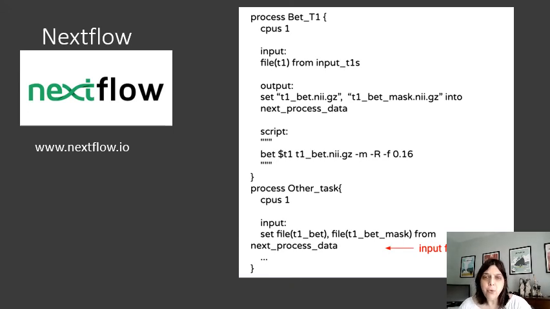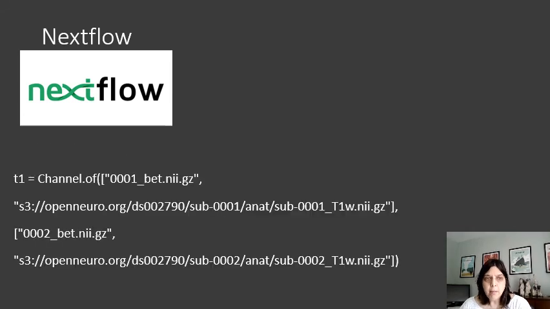And so the order of these processes, as with most workflow languages, doesn't matter at all, except to make things logical for you. But you specify inputs and outputs and connect them to each other. And this is the way that the workflow language knows what the dependencies are. Now, that's pretty basic for a workflow language.